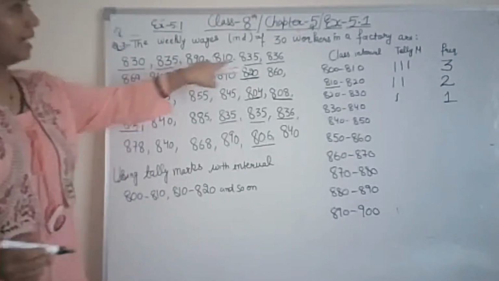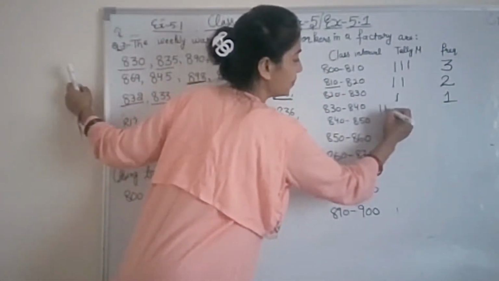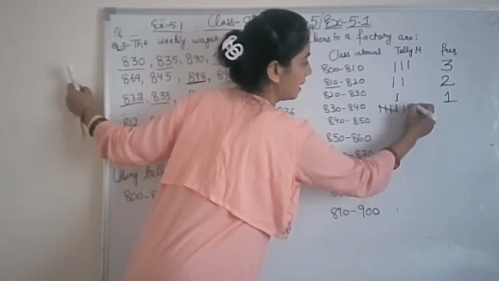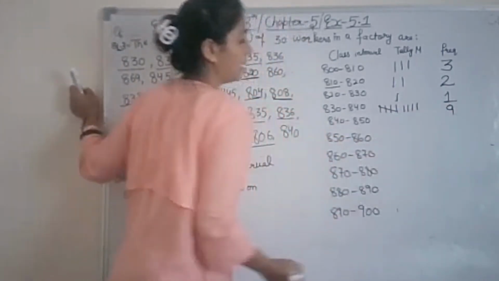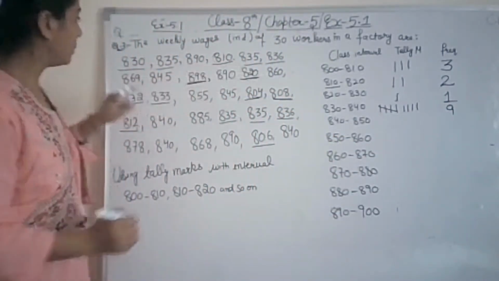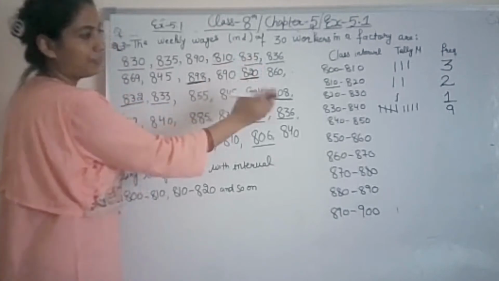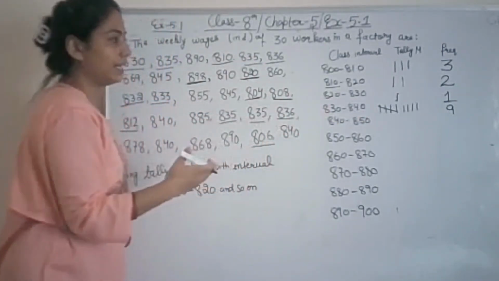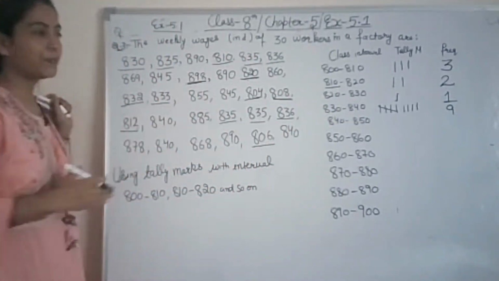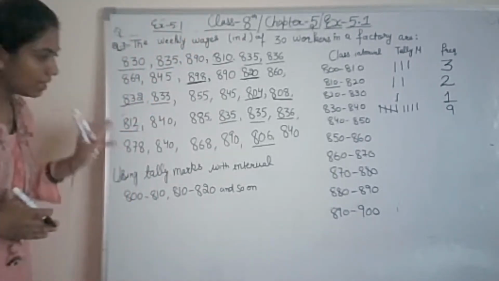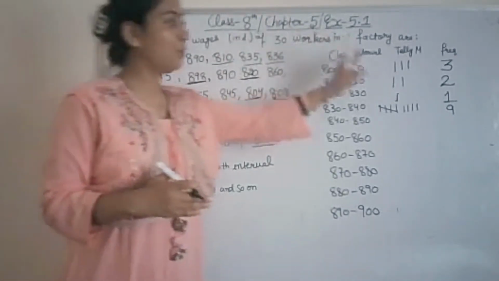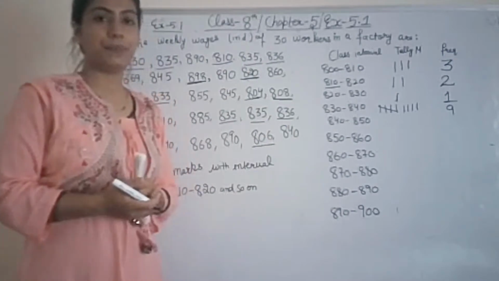So total are 9. So 1, 2, 3, 4, 5, 6, 7, 8, 9. So total number are 9. So in such a manner, see student, 836, 835, 40 के नीचे नीचे 39 तक everything we have to see. So in such a manner you have to see only from this table and you complete this table, right?